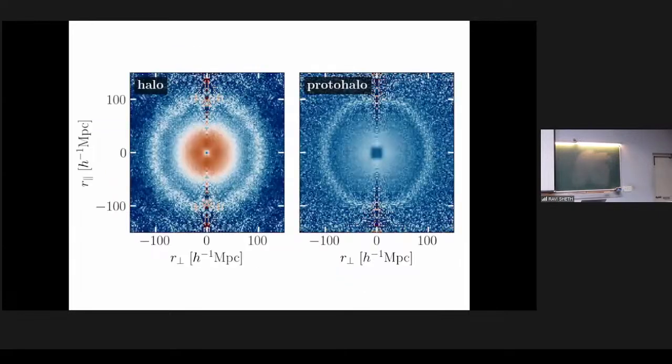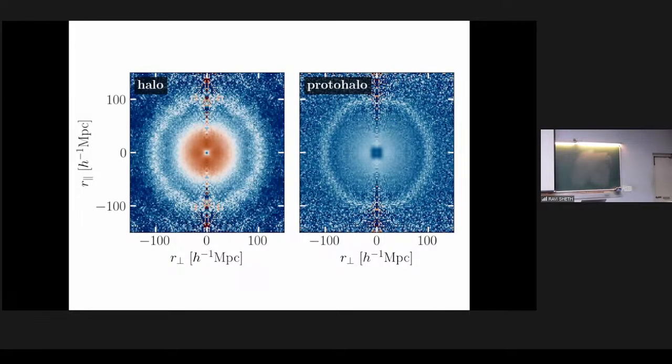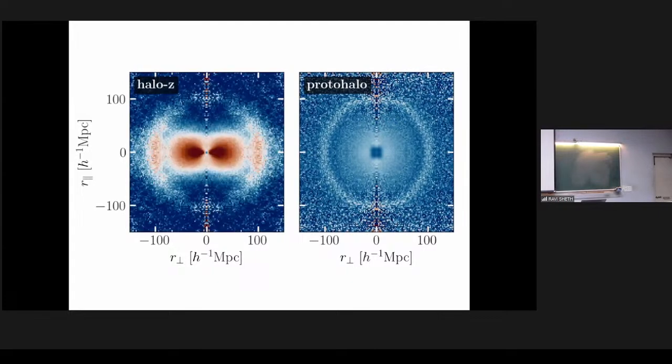Right? So here is now a measurement in some simulations of the same kind of thing. And here, to illustrate the effect, I'm showing you the same measurement that I had before, where there are no redshift space distortions, at the start of the talk, where I just showed you the bump, but now shown in the 2D configuration. So let's look just at the left-hand panel. This is in real space and redshift space.